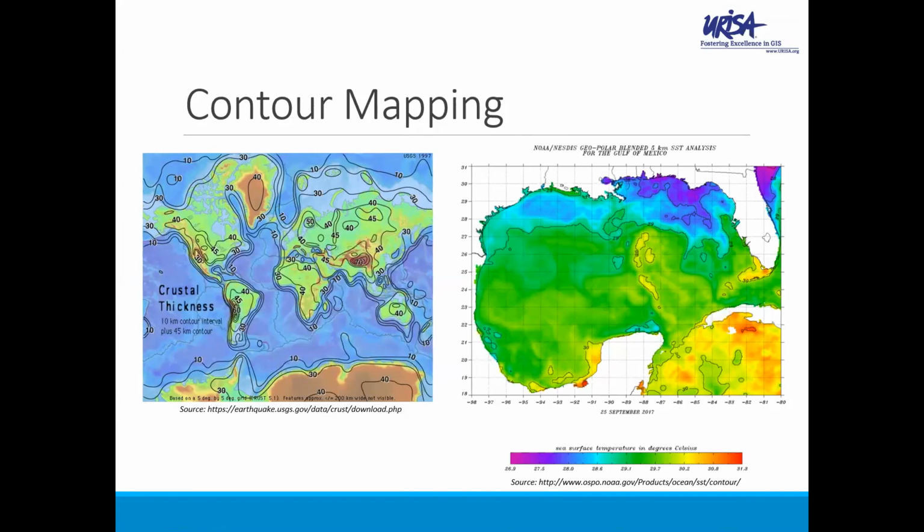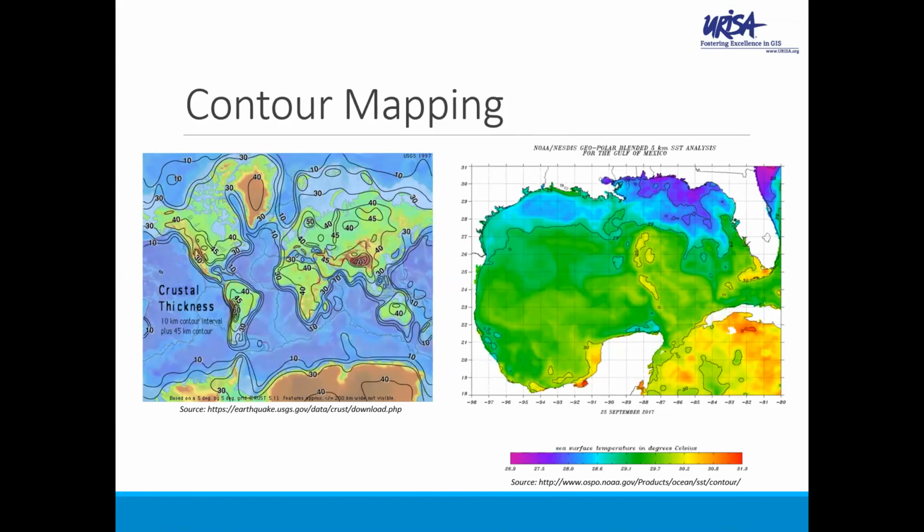It's important to remember contour intervals when talking about contour mapping. What is an appropriate contour interval? You have to know your data and know your message. If your contour interval is too wide, you'll lose features. But if it's too close, you'll lose your audience because it makes for a very messy map.